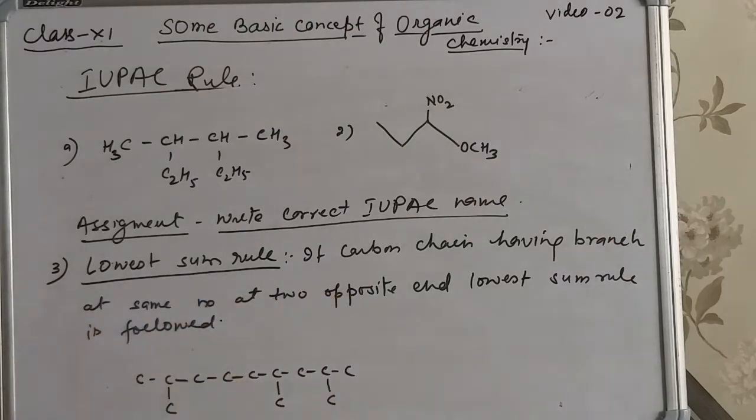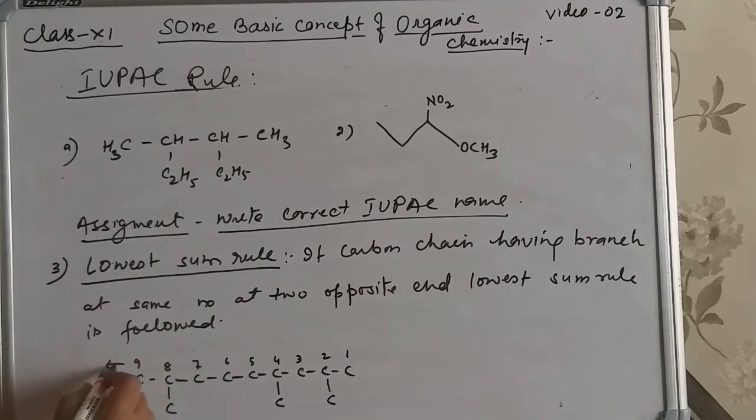So how can we follow? We calculate the lowest sum rule to write the correct IUPAC name. Suppose we count from this side: 1, 2, 3, 4, 5, 6, 7, 8 and 9.